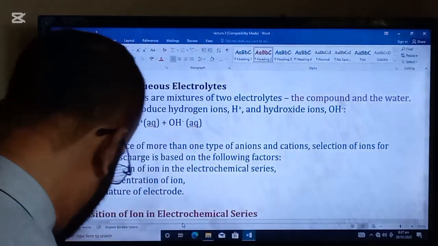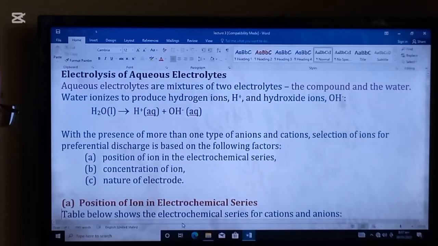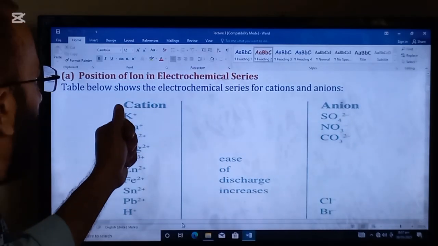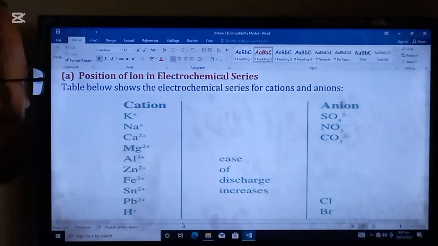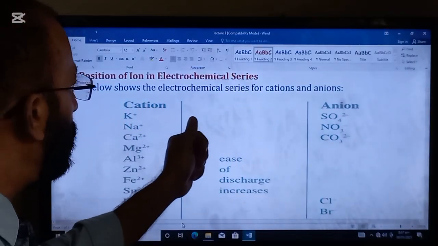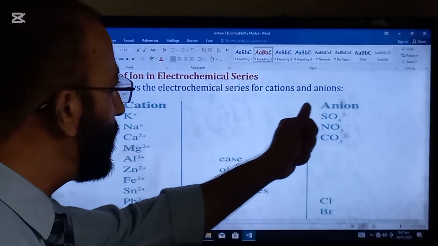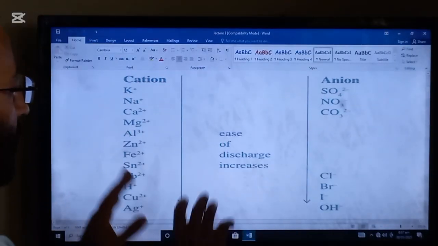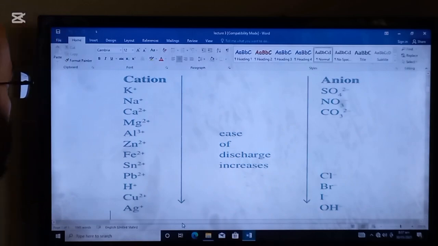So this is very important, students, so now concentrate very well. Number one is the position of the ion in the electrochemical series. The table below shows the electrochemical series for cations and anions. And here is our electrochemical series.